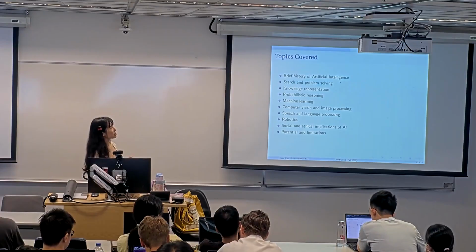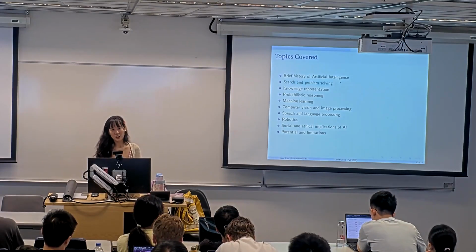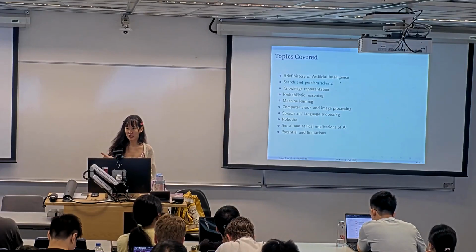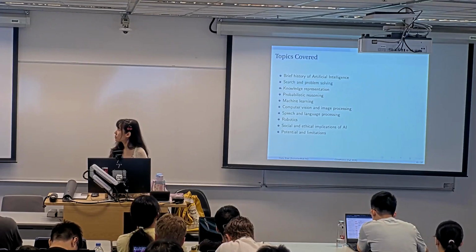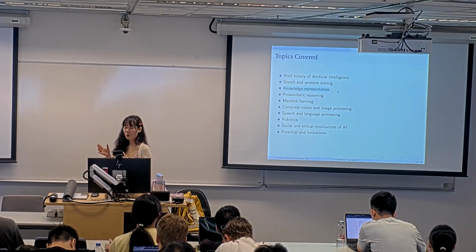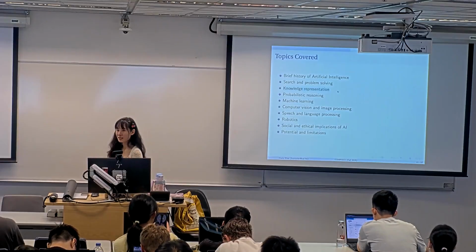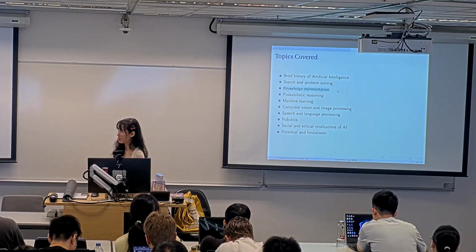Note that search and problem solving is actually traditional AI. At the very beginning of AI development, researchers cared about search. And knowledge representation, which is also very important for AI, because we want the AI to understand the knowledge, so we have to think of a way to represent it.